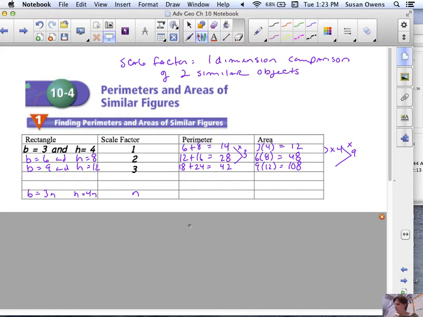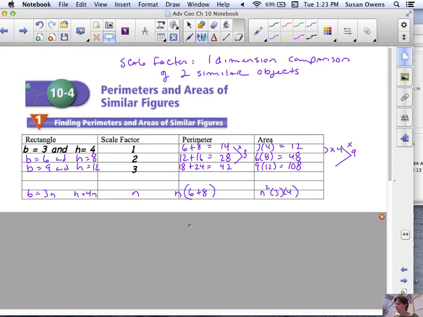When we put those together, the perimeter is going to be whatever the original perimeter was times the scale factor. So the original one was 6 by 8, and this new one is going to be just n times that 6 by 8. But the area is going to be the old area, which was the 3 by 4, but not times n, it's actually times n squared.